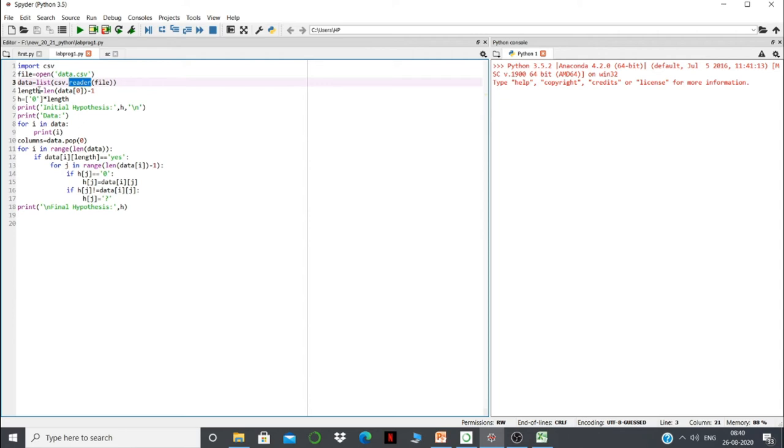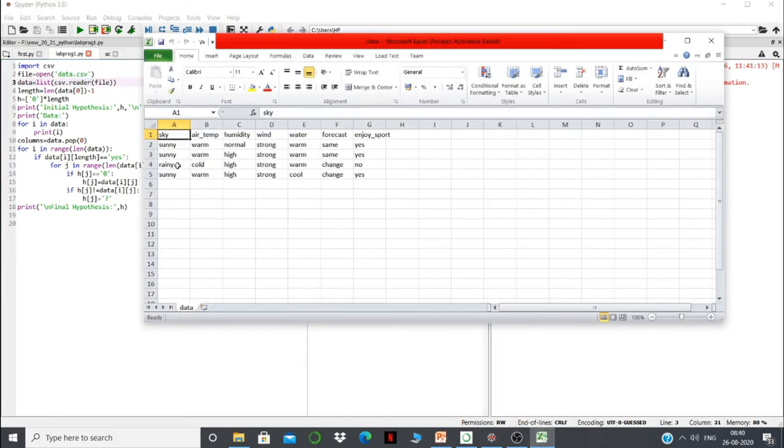Now find out the length of the data, because when you come across here, indexing starts from 0 and -1 is indicated from the end. Sky, air temperature, humidity, wind, water, forecast are the attributes, whereas enjoy sport is the target. The first thing is we are going to generate a hypothesis by considering the attributes, not the target concept.